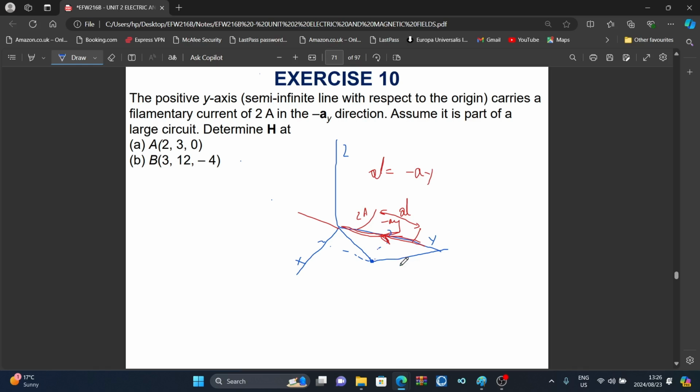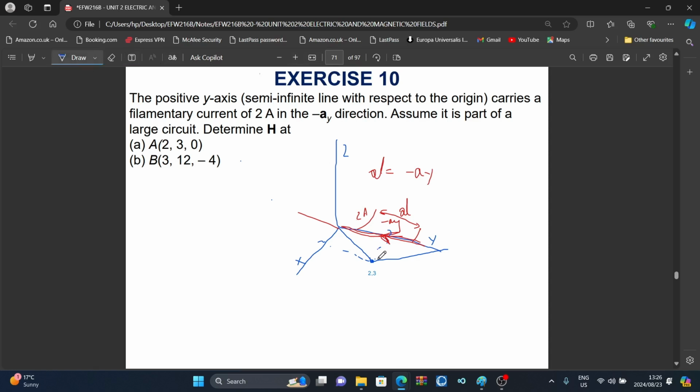We can put this point here; this point will be 2 and 3. I think that works for us.